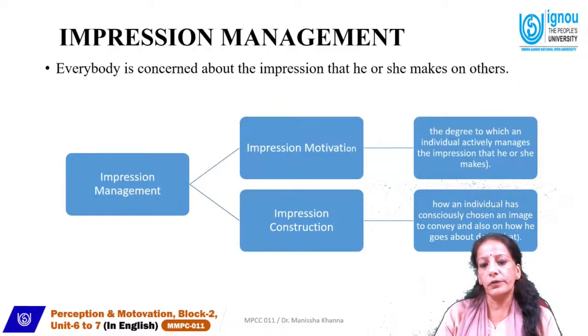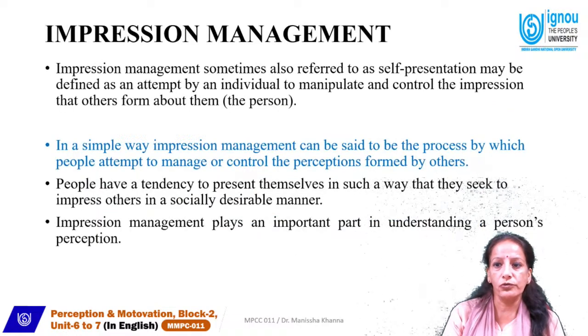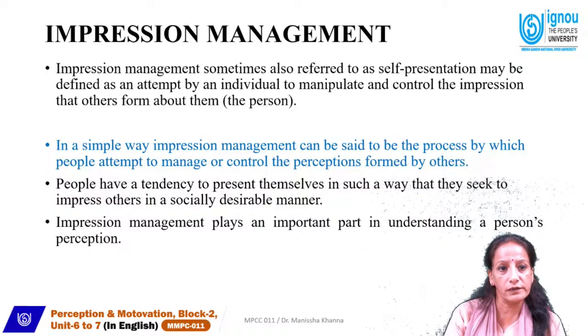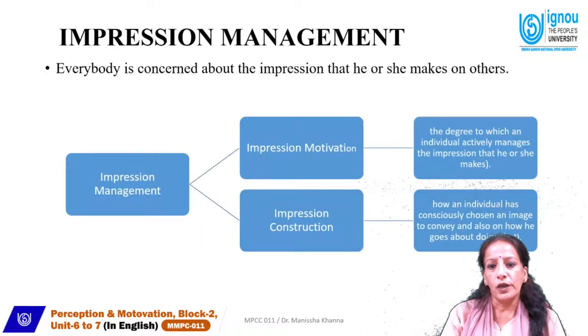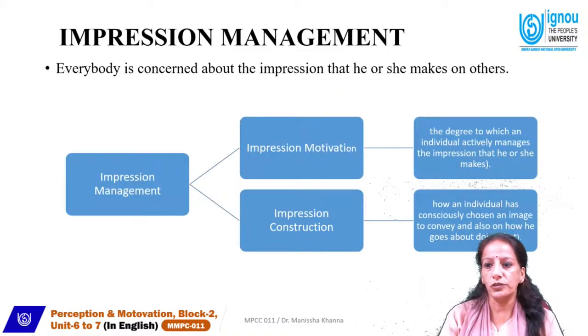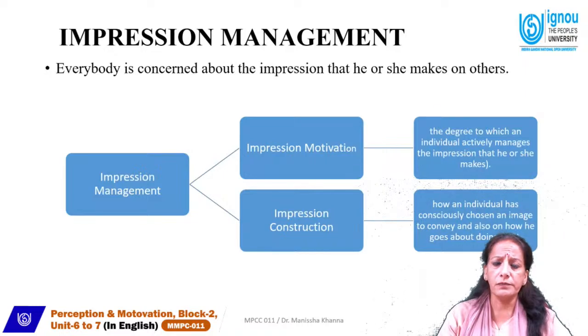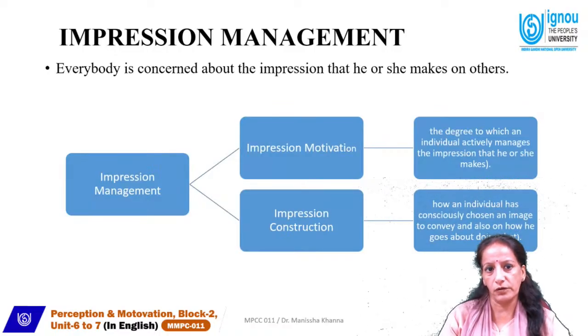Sometimes impression construction is used as a term for manipulating the impression that others form about them, whereas impression motivation is to what extent a person manages that impression, to maintain it in that particular situation or context.